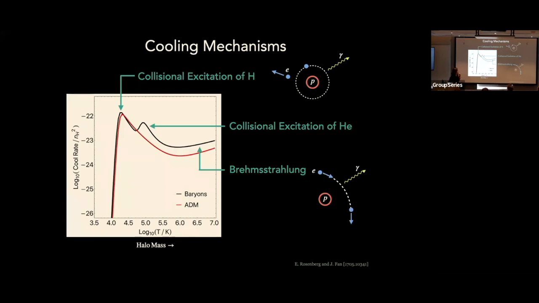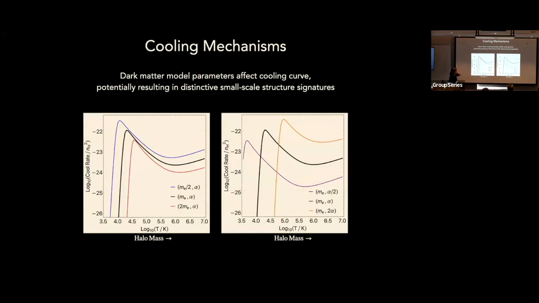If I now change the parameters in my dark matter theory, so if I change the electron mass or if I change the coupling strength, I end up shifting these curves around. You can intuitively realize that if the cooling is what's setting the minimum size of my system, the rate at which it collapses, it's going to be very sensitive to the parameters going into that dark matter model.